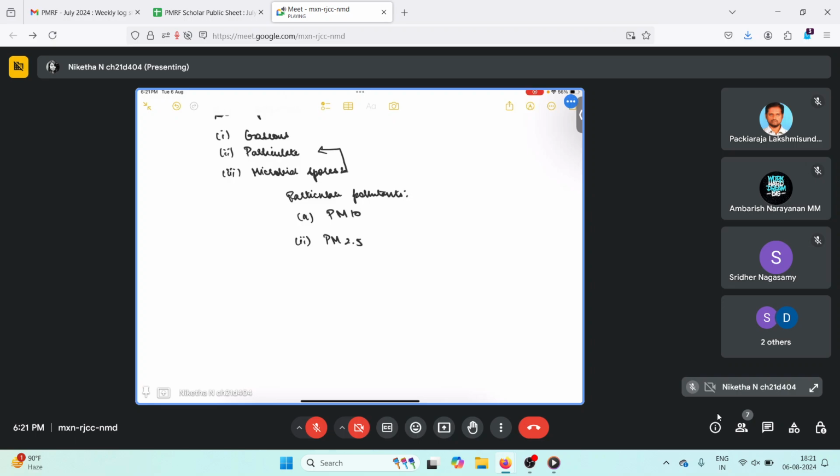So, can you tell me what are these two, PM10 and PM2.5? What does it mean? What are these numbers, 10 and 2.5? Any answers?